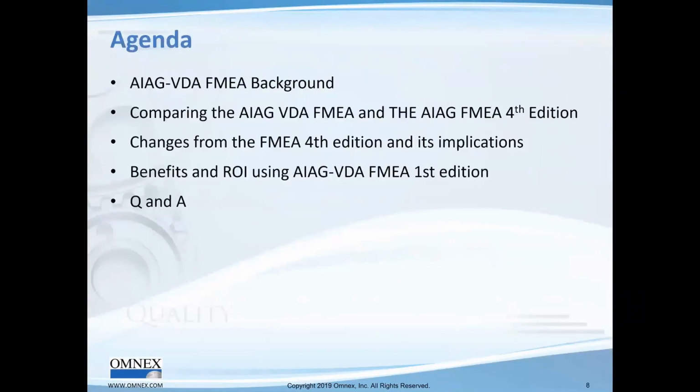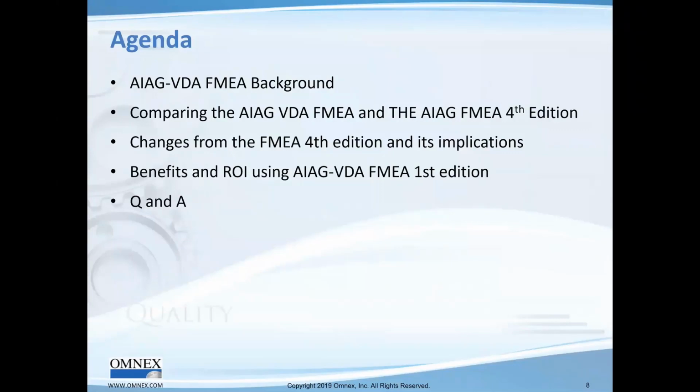All right. Here's the agenda for this next hour. I'll give you a little bit on the background to the AIAG VDA FMEA. Then we'll compare the two different revisions of FMEA that we're used to, which is, if you didn't know, most of us use what is called the Blue Book, which is the AIAG FMEA 4th edition.